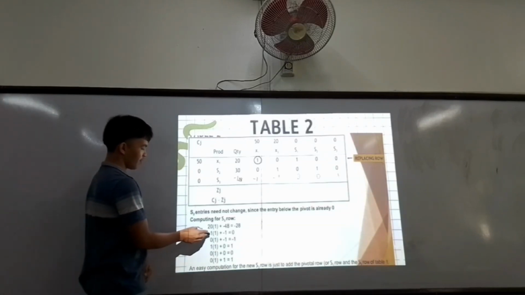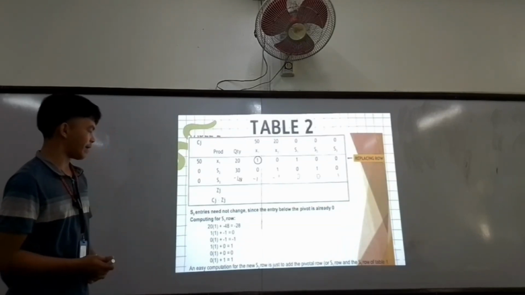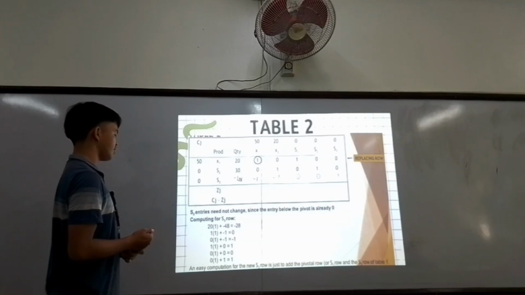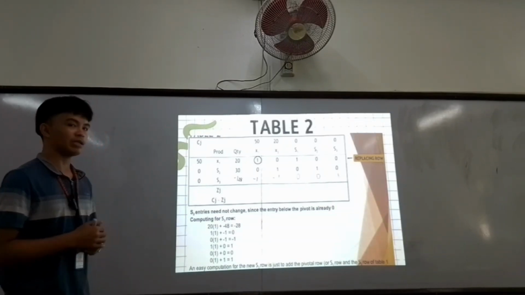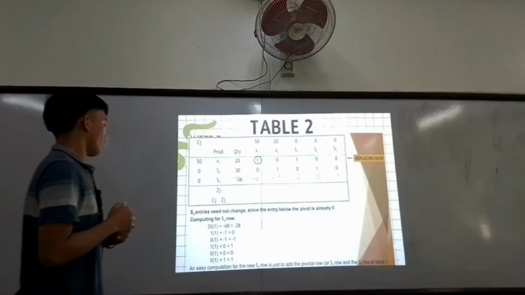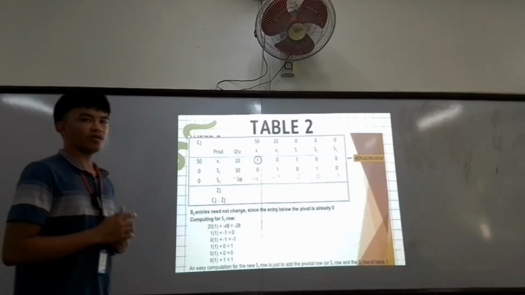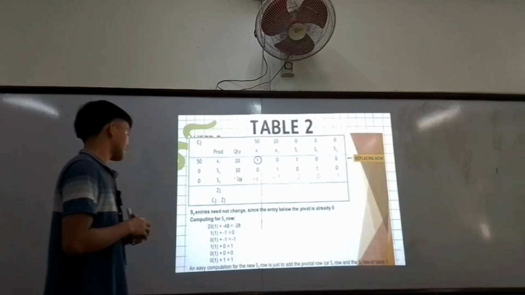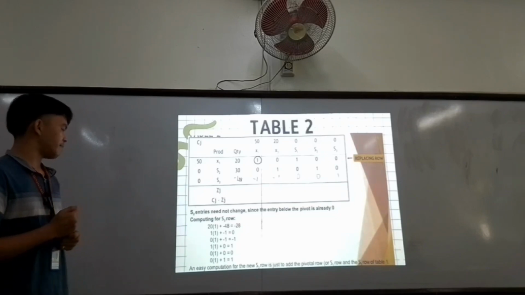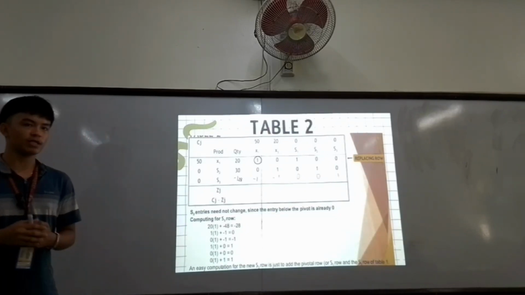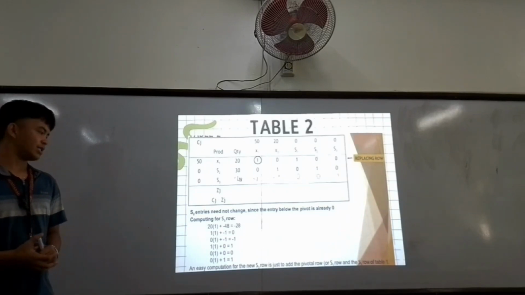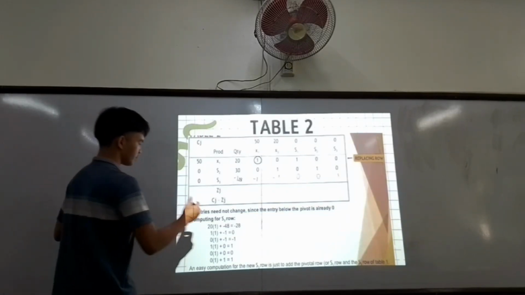We also have 1 multiplied by 1 plus negative 1 is equal to 0. And 0 multiplied by 1 plus negative 1 is equal to negative 1. 1 multiplied by 1 plus 0 is equal to negative 1. 0 multiplied by 1 plus 0 is equal to 0. And lastly, we have 0 multiplied by 1 plus 1 is equal to 1.